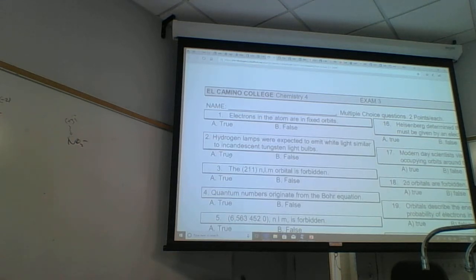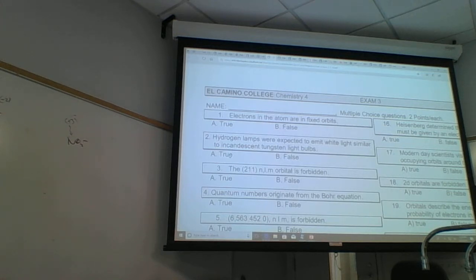When you combine all colors of light, it looks white. So the sun is a hydrogen lamp that emits white light, and so this is actually true. They expected hydrogen to emit white light like the sun. Did it? No.